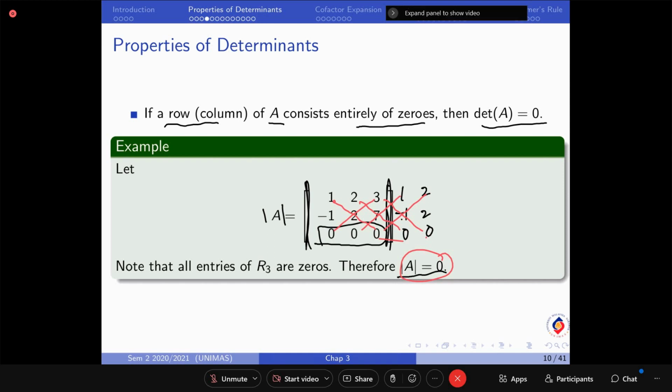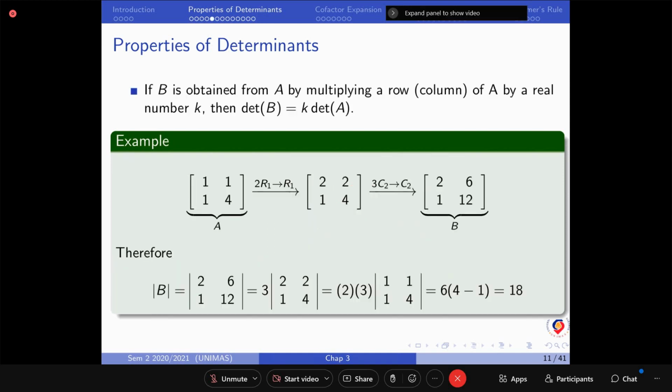So that's that, and then the new one. If a matrix B is obtained from A by multiplying a row or column of A by a real number k, then determinant of B equals k times determinant of A. For example here, this is our initial matrix.